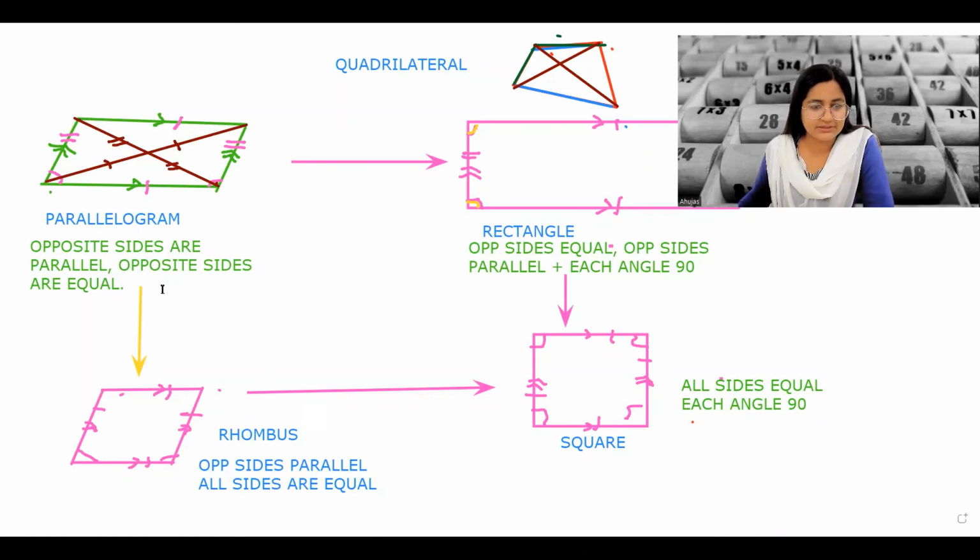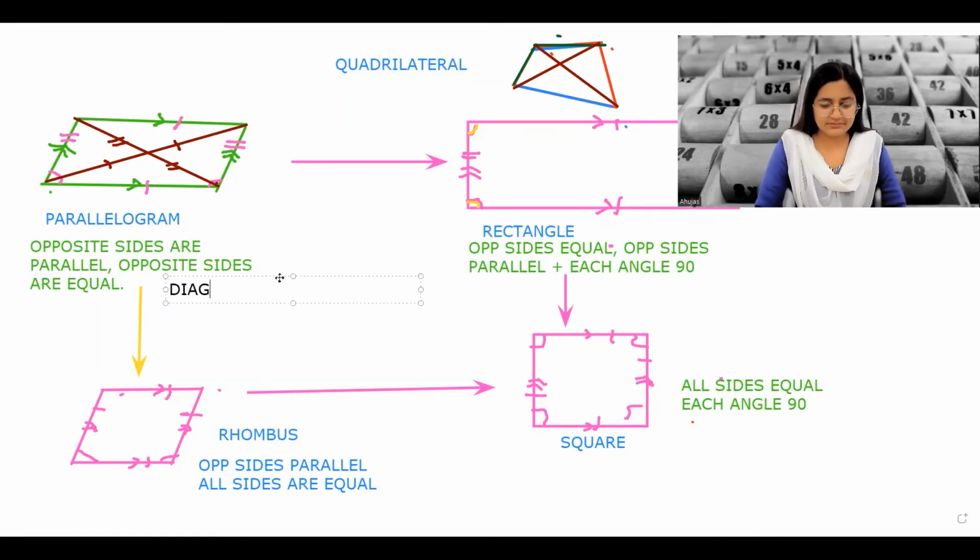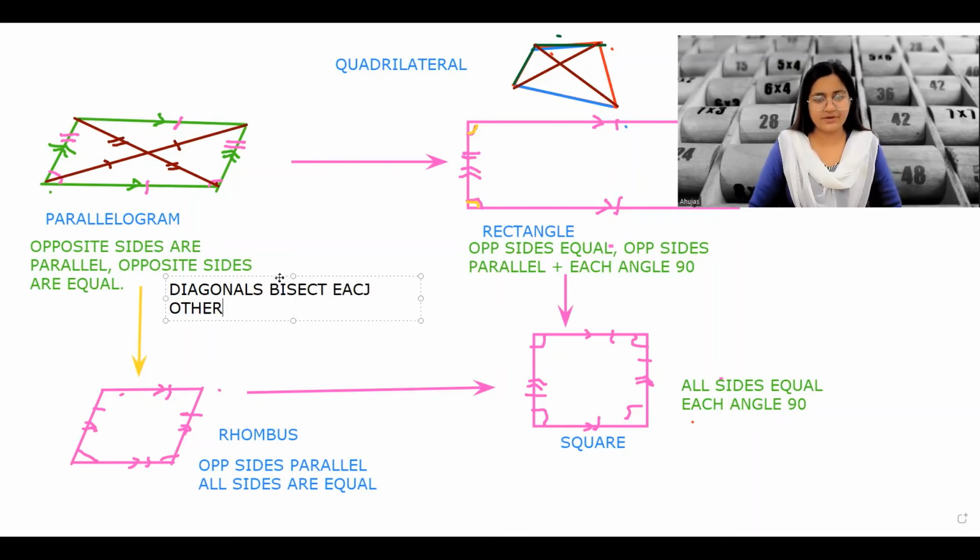I'm writing it with the dark colored pen. Diagonals bisect each other, right? Diagonals bisect each other in a parallelogram.